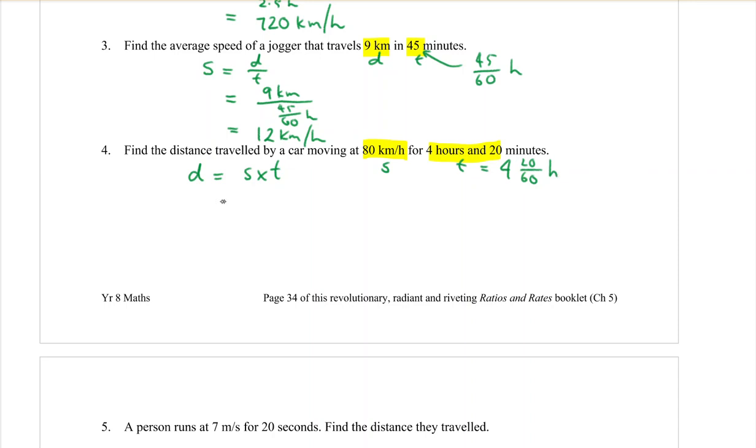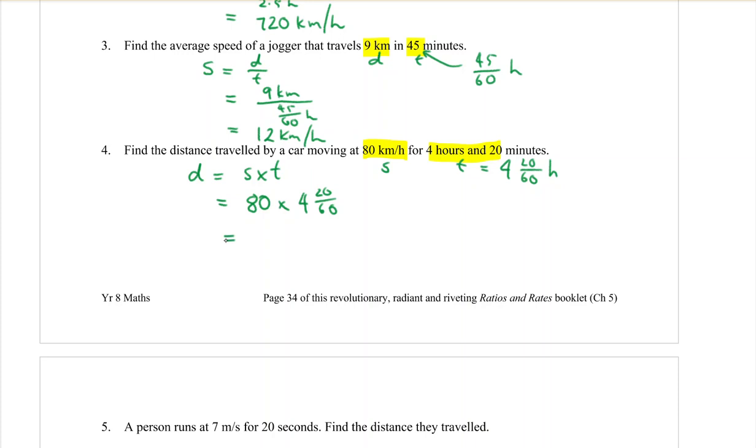Okay, so in my formula, the speed is 80 kilometers, and I'm timesing that by the time, which is 4 and 20 over 60. Okay, and type that in.